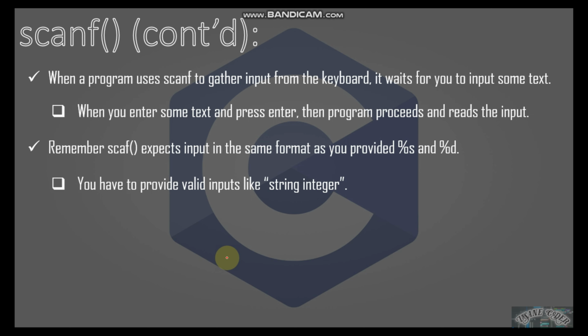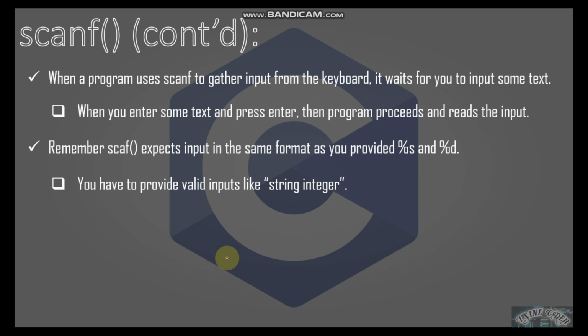Scanf expects input in the exact format that you specified. So if you say %s and %d, that means you have to provide a string followed by any number of spaces, followed by an integer. A word and a number. String is a word, integer is a number.